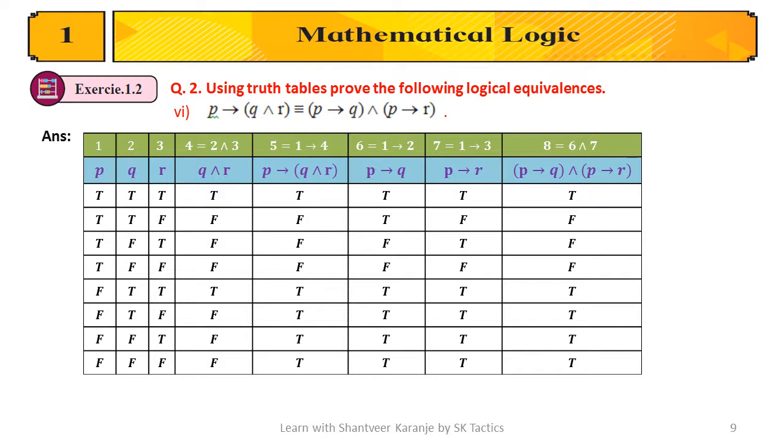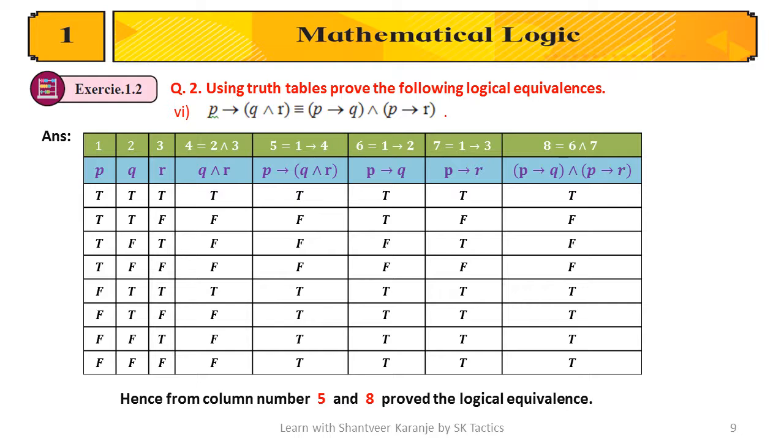Here this first row of green color shows you what is done in that particular column. You need not write like this. This is just to help you see how to find out this table. So again by column number 5 and column number 8 the logical equivalence is proved.